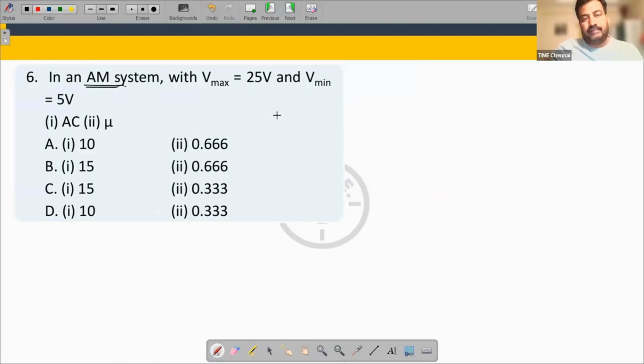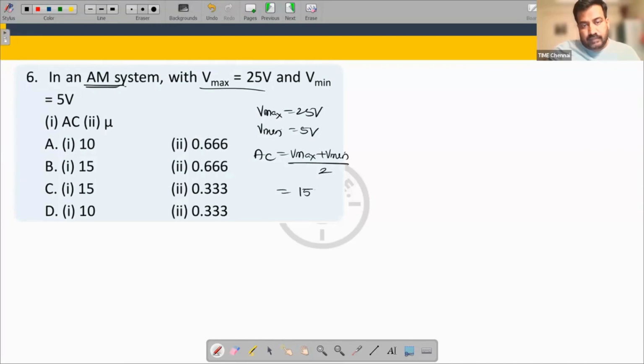In an AM system, Vmax is 25 volt, Vmin is 5 volt. AC is Vmax plus Vmin by 2, that's 15 volt.